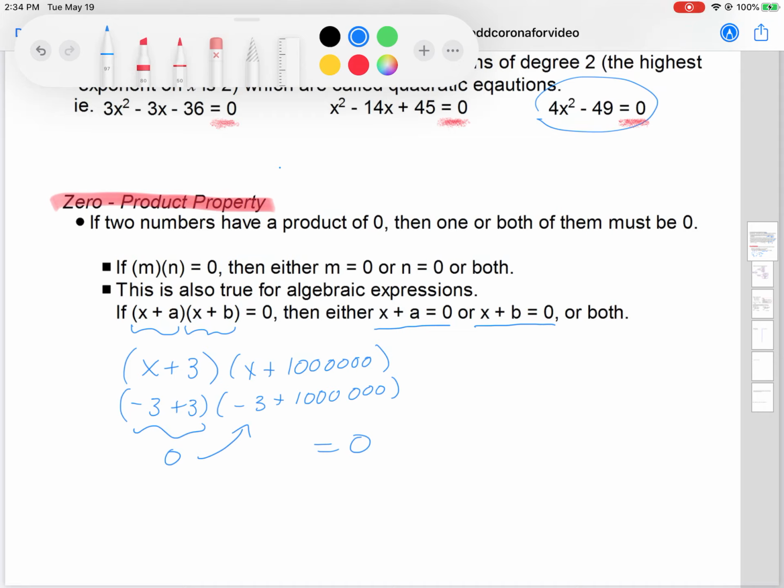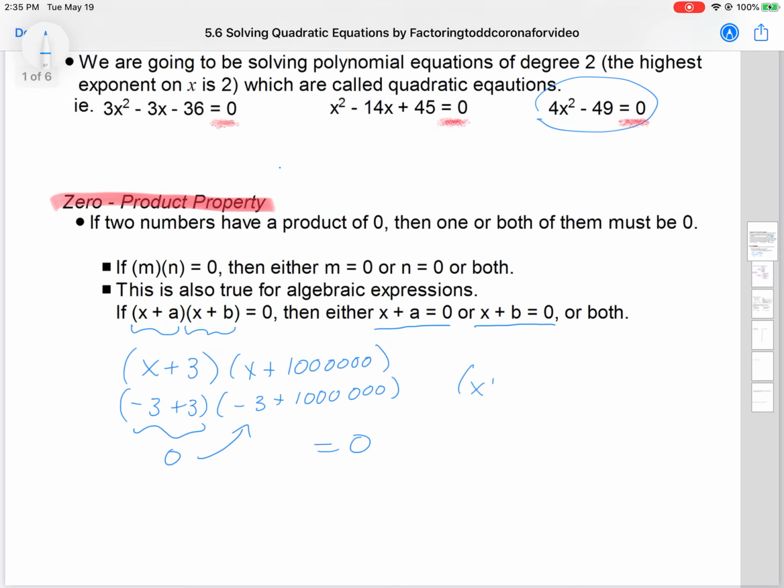Oops, that was not a good highlight, sorry. If two numbers have a product of 0, then one or both of them must be 0. So when we're finding the solution for these equations, we're going to find when each set of brackets is equal to 0. For quadratics, there are always two sets of brackets with an unknown variable.